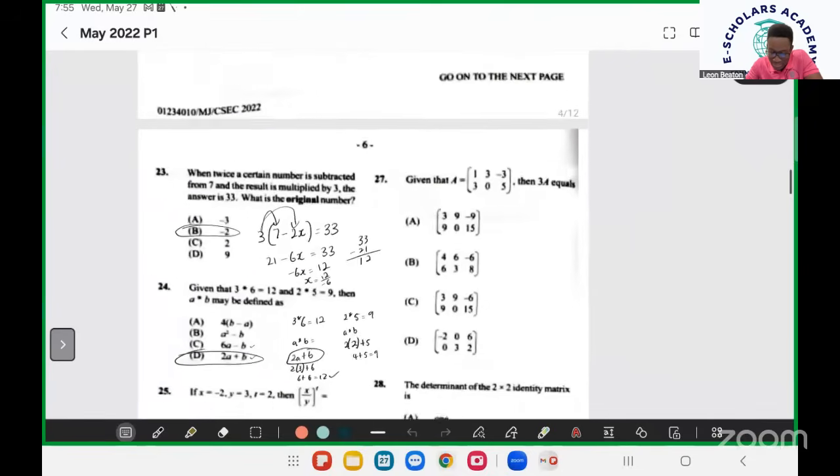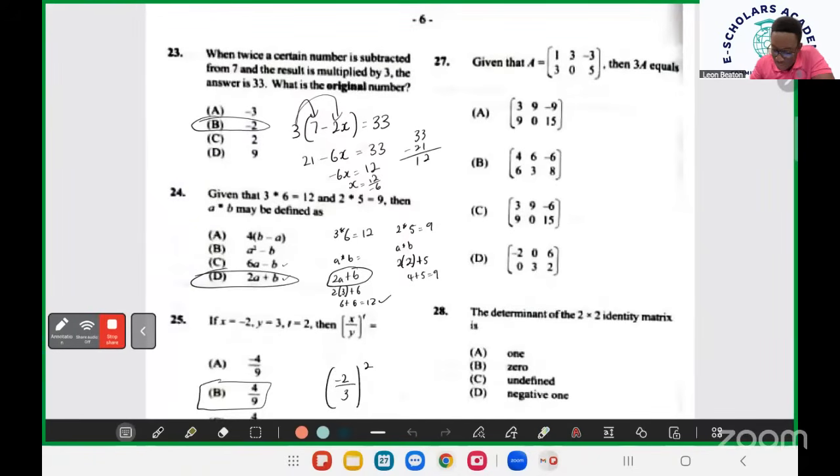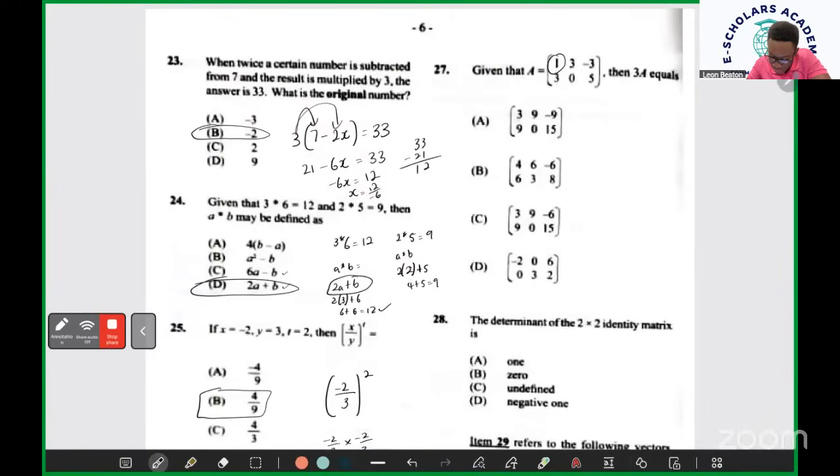All right, so this one was easy. Given that A is equal to 1, 3, -3, 3, 0, 5, 3A is equal to... 3A is light work. So it should be 3 times 1, which is 3. 3 times 3, which is 9. 3 times -3 is -9.